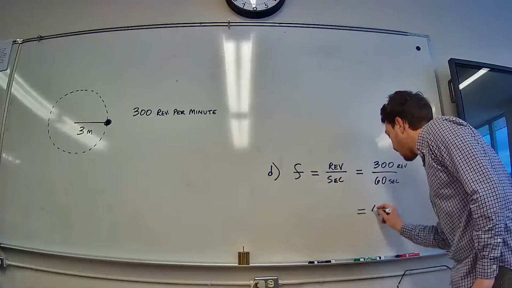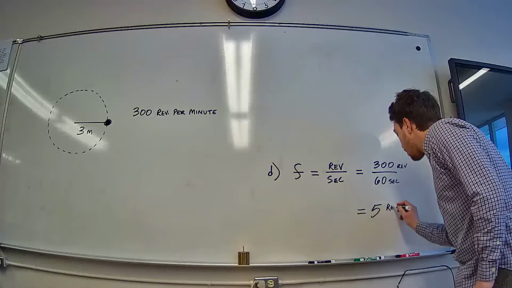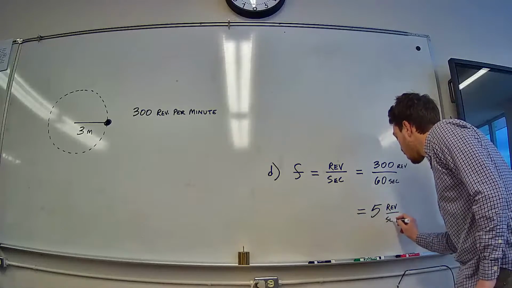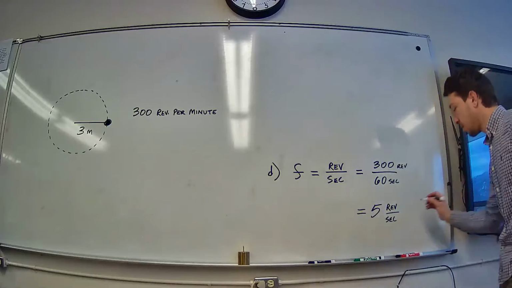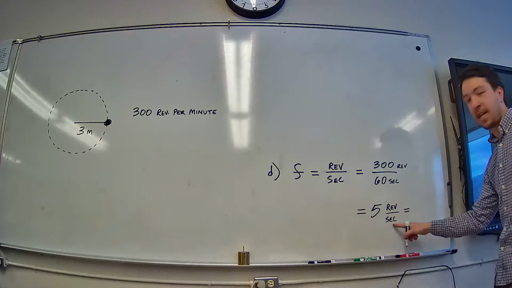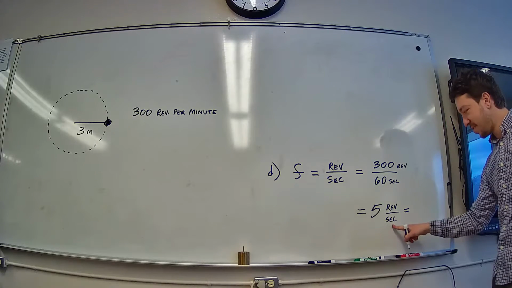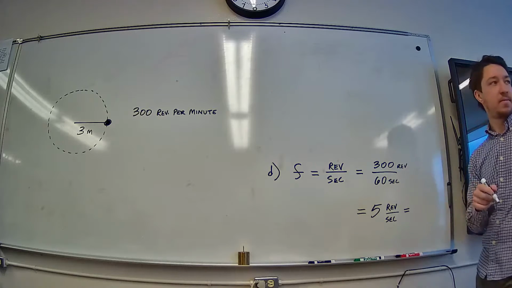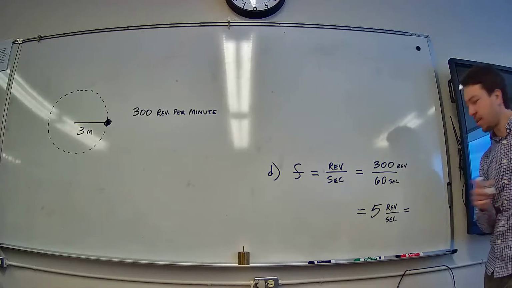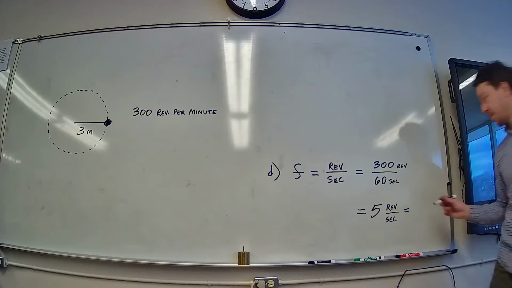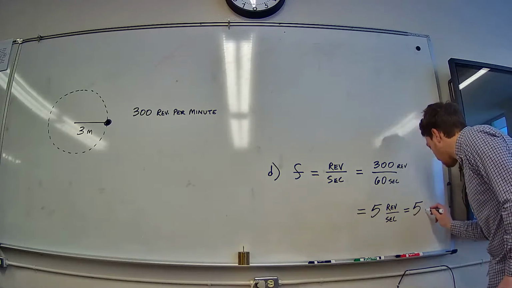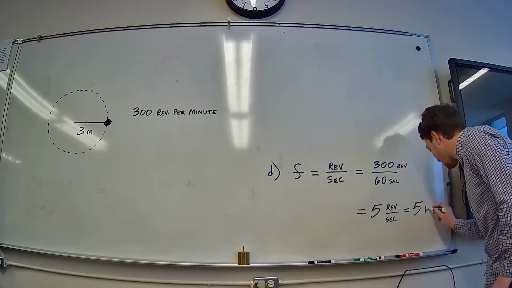So that's 5 revolutions per second. Now there's a nice unit for that. Does anyone know what unit would be cycles per second? You could write that as RPS, but a physicsy one is what? Hertz.